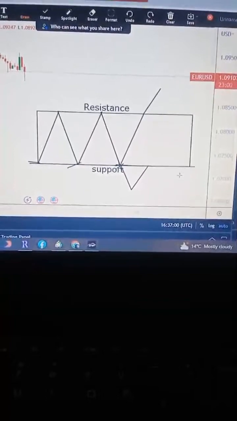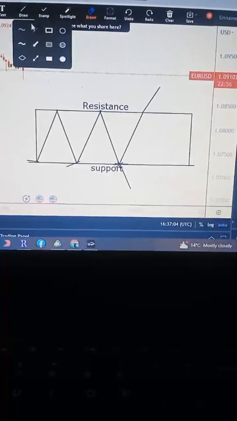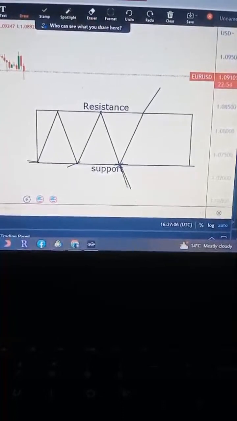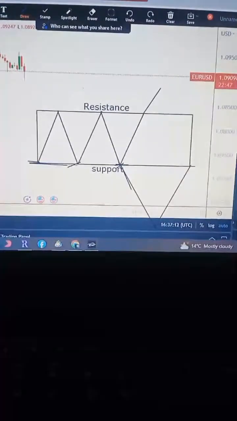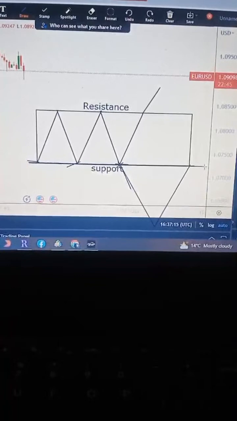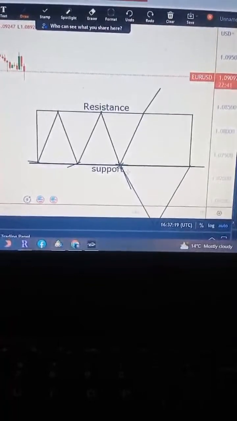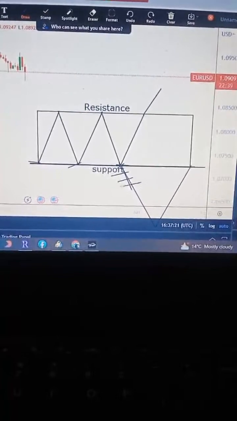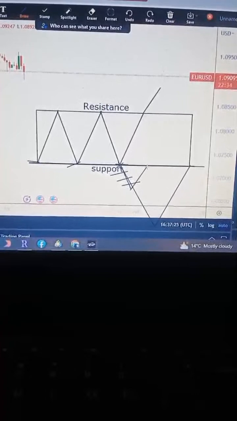And you must be aware, it might test it immediately or it might test it after a long time. It can go down later on and it will return to this level, but eventually it will come back to test this level. What is it that you can do for yourself? Wait until you have this breakout, and then once you have this breakout, don't do anything until the market returns to test.